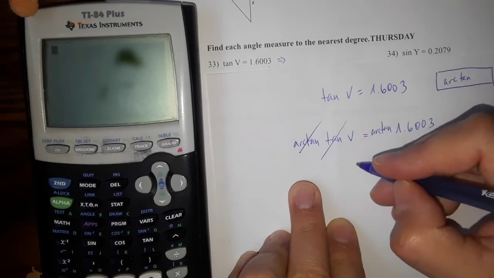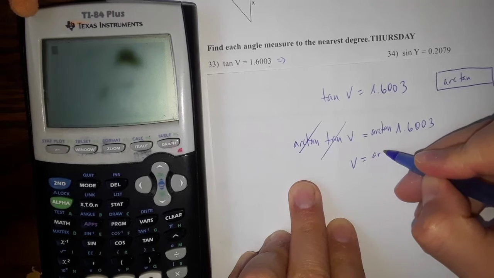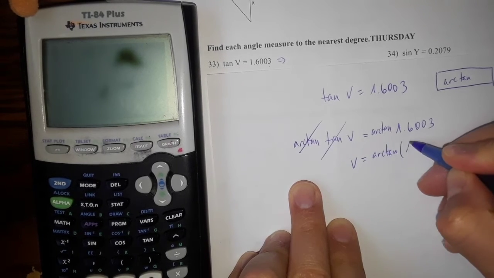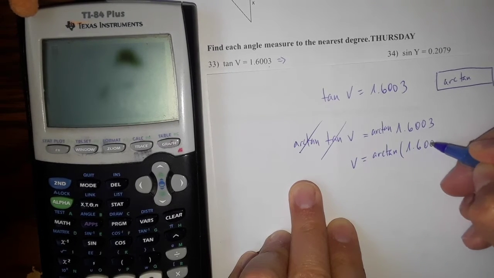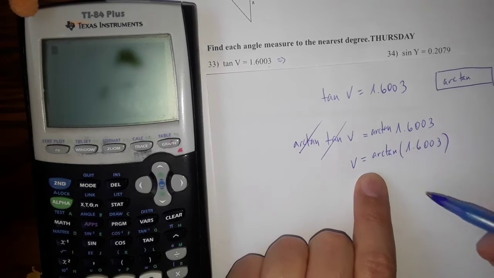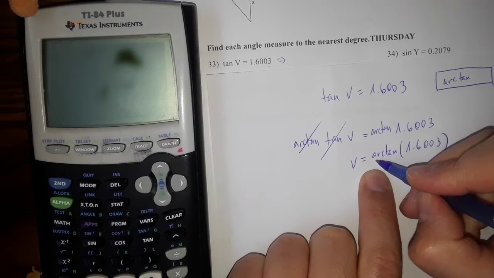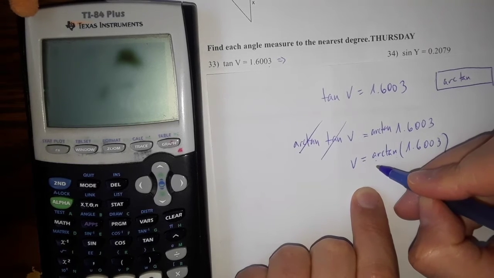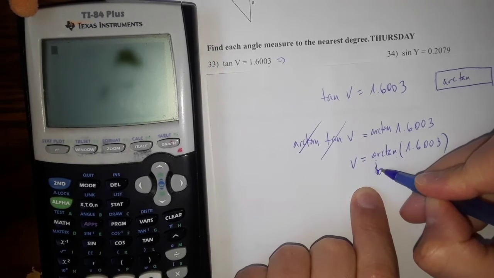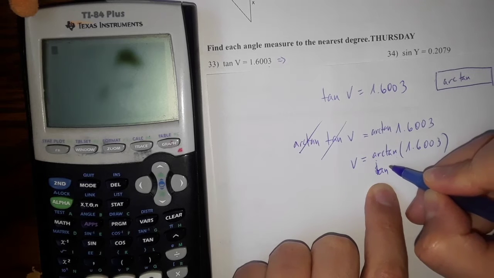And now we have V equals arctangent of 1.6003.